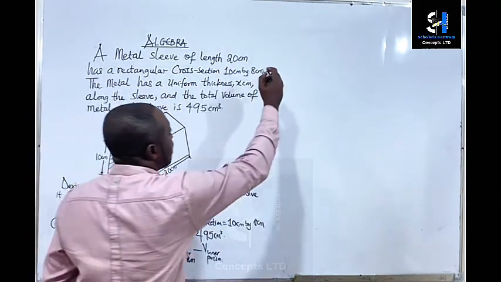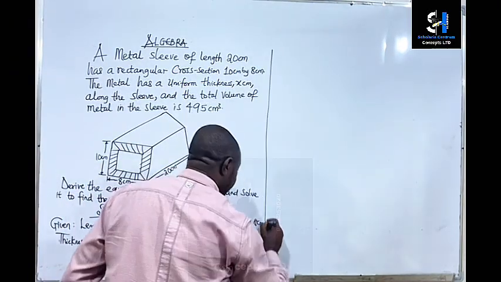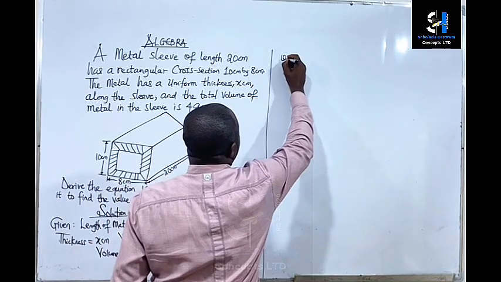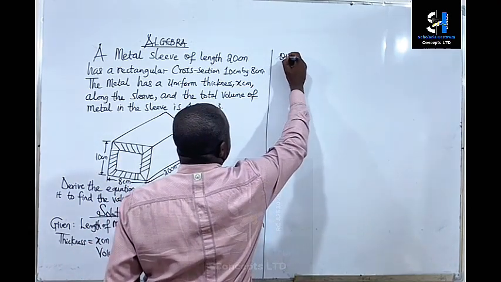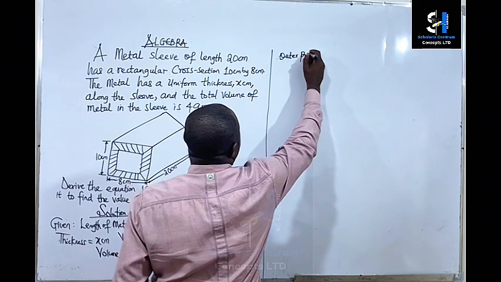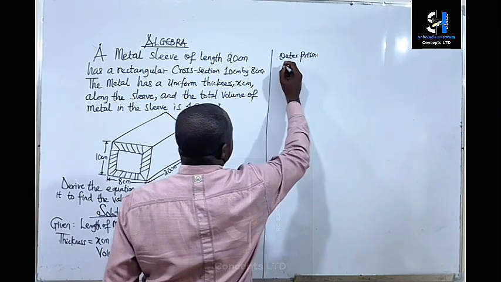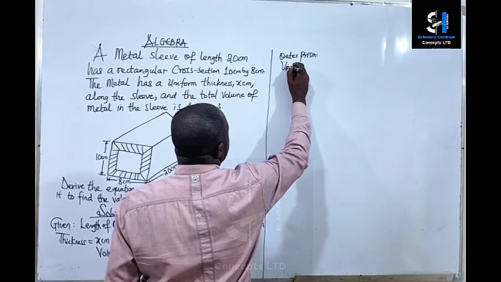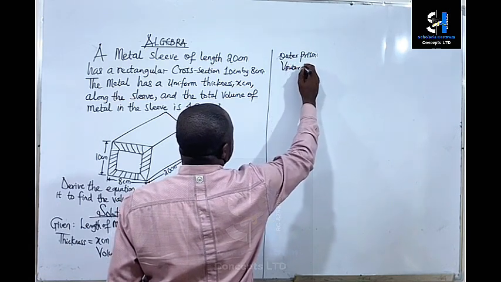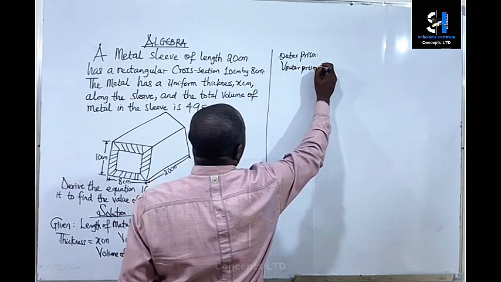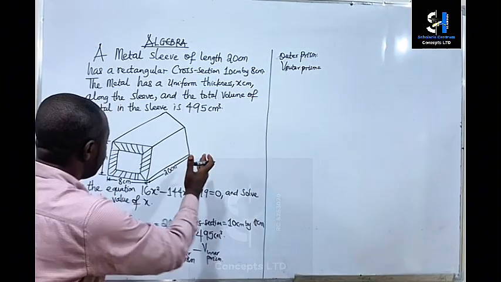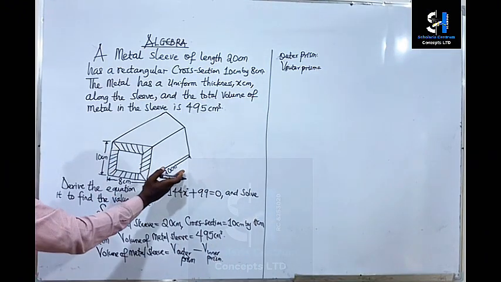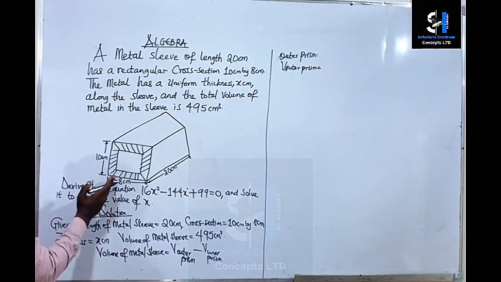Now let's calculate the volume of the outer prism. The volume of the outer prism will be the length multiplied by the cross section.